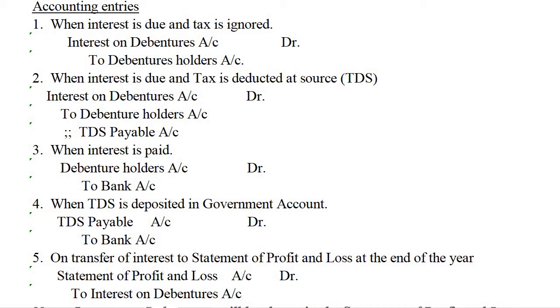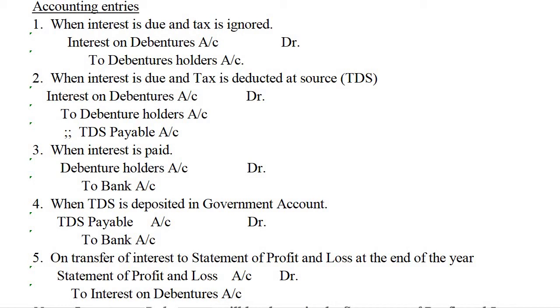So if the interest is paid twice in a year, you have to repeat the journal entries for due of interest and payment of interest and tax twice.